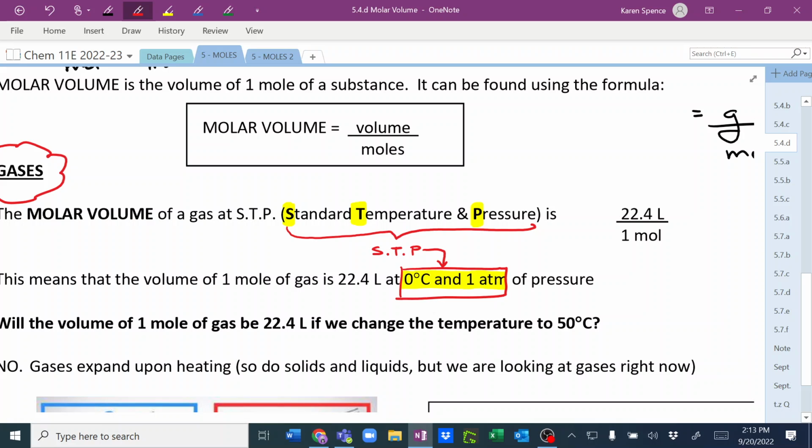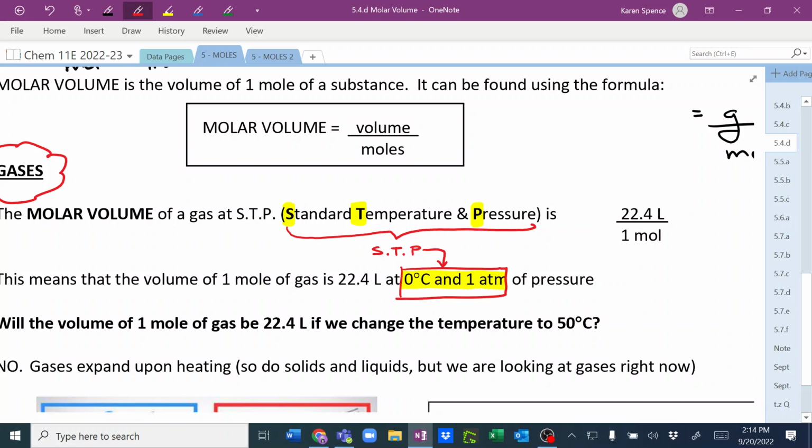Do you know what would happen to a gas if we heated it? It will expand. And if we cool it, it will contract. So the molar volume of a gas changes a lot depending on the temperature. What if I put a gas under pressure? By putting it under pressure, I mean I squish it.